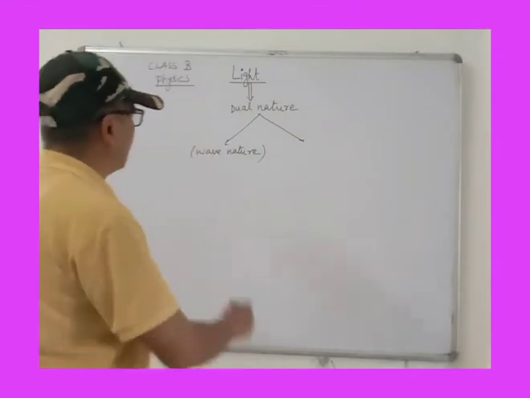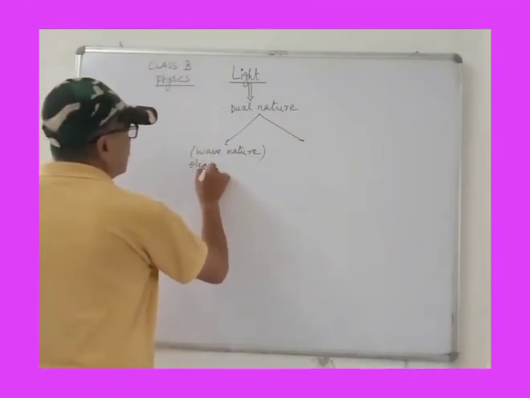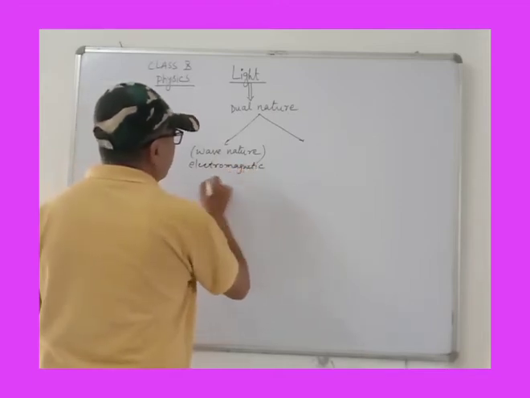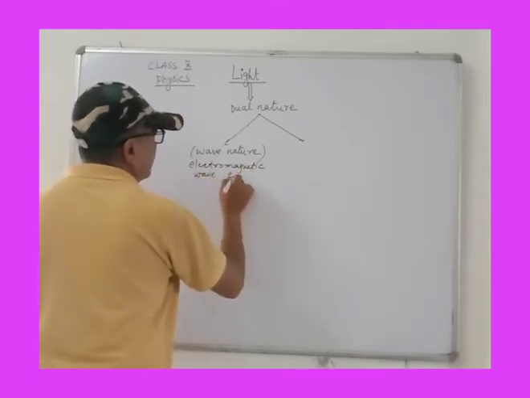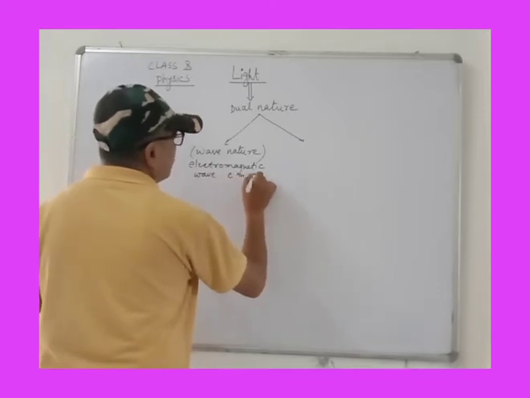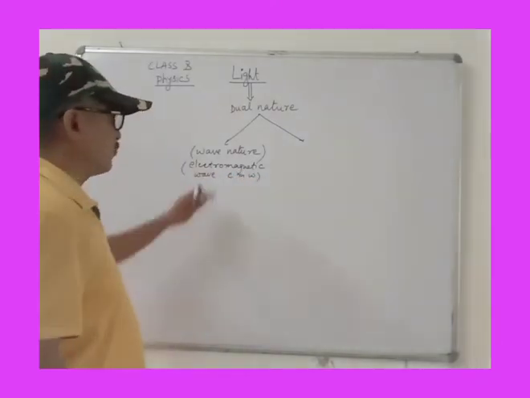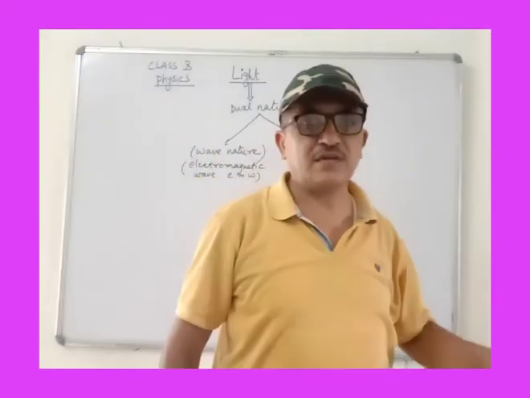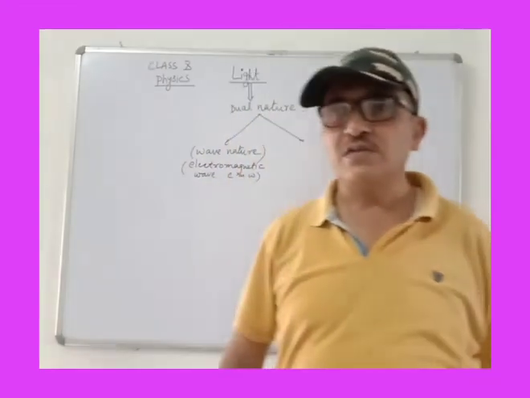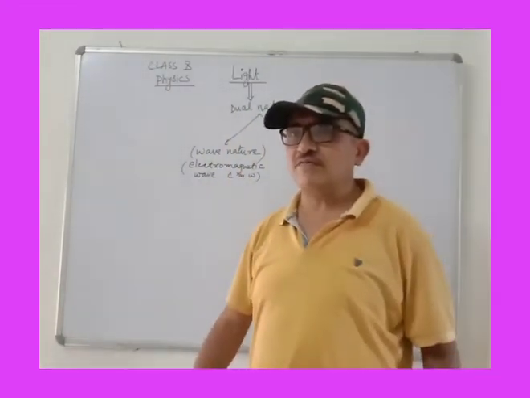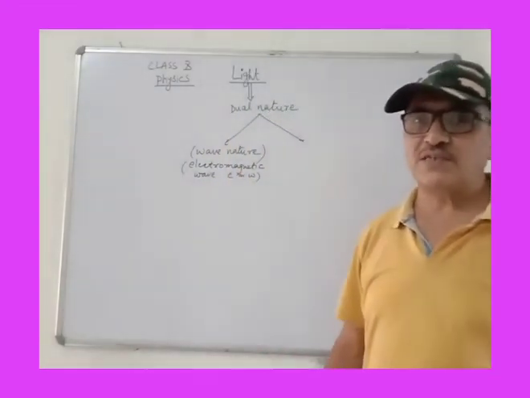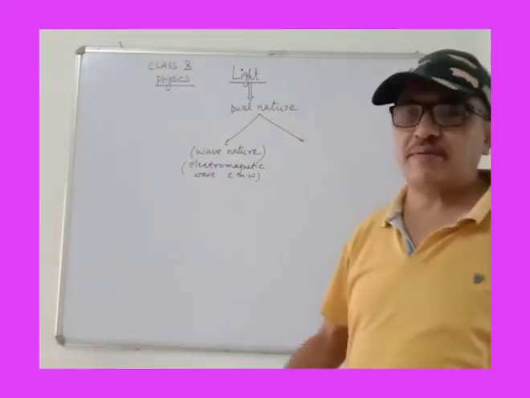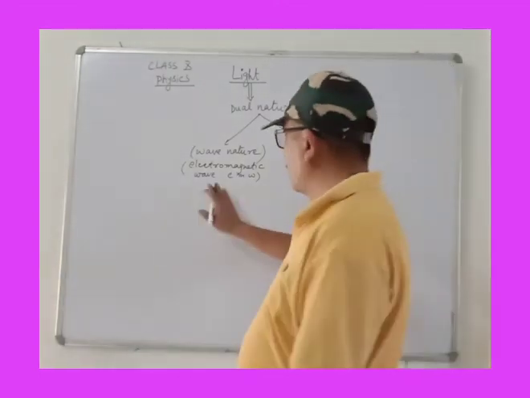Light is electromagnetic wave, EMW. This is wave nature. Light comes, travels as wave. It has been proved, and there are phenomena of wave nature of light, which you will be studying in higher class 11, class 12. Wave nature.